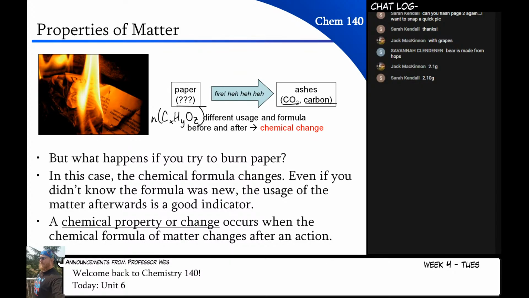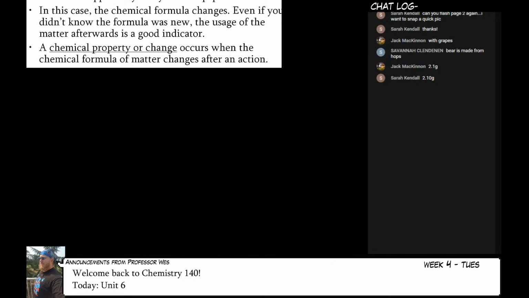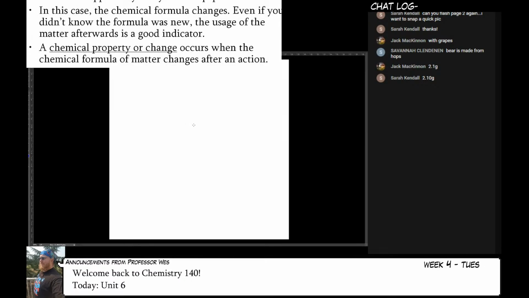The other rubric that you can use to determine if something is a chemical change or a physical change is the ease with which it is to transform the substance back.